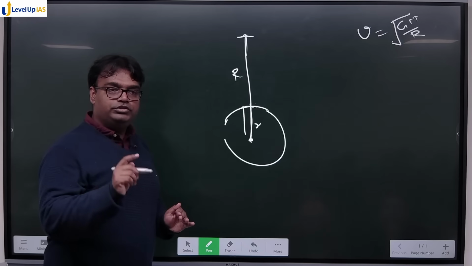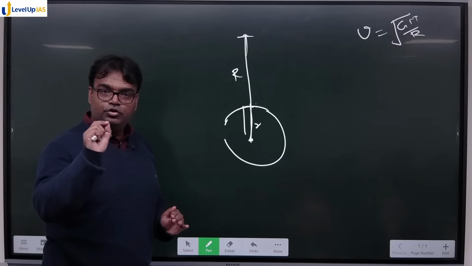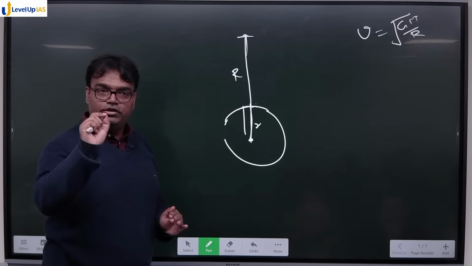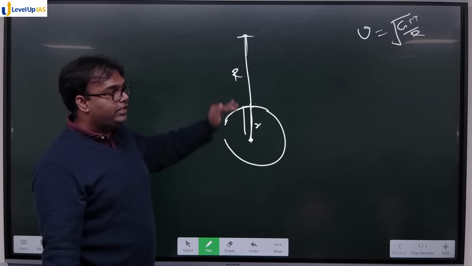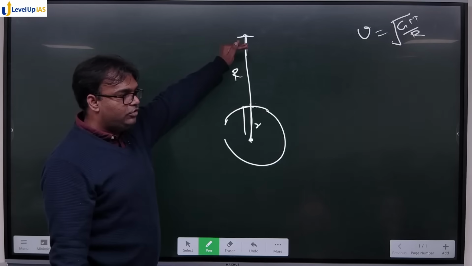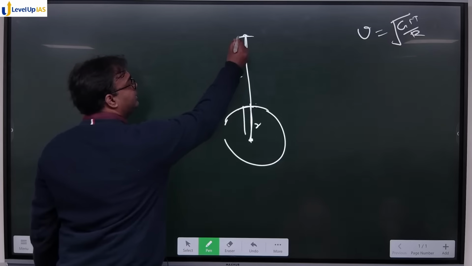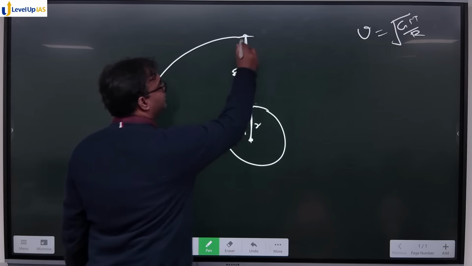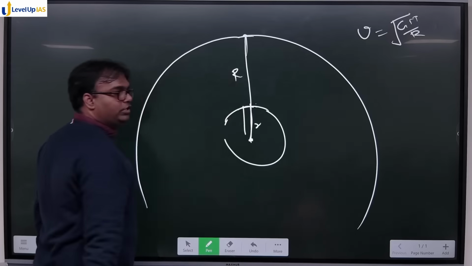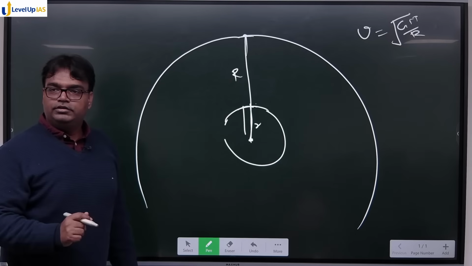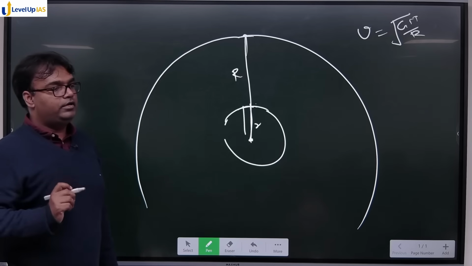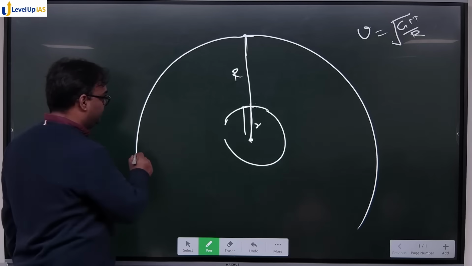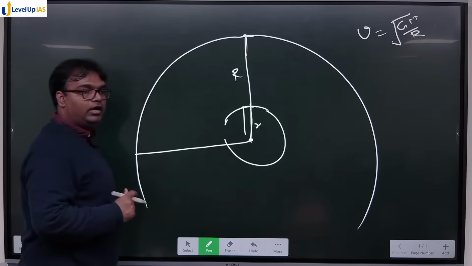But if you launch it with a velocity exactly equal to under root GM by R at a radius R from the center of earth, it would go in a circular orbit, where the radius from the center of earth would remain R.